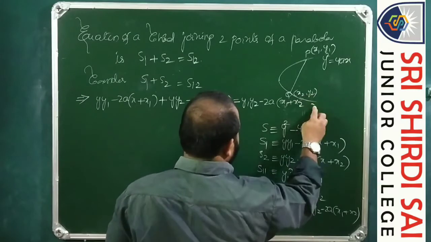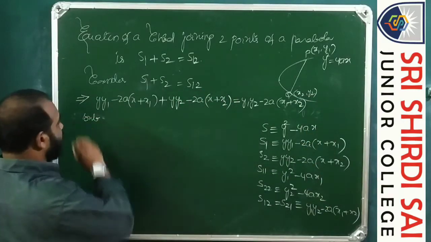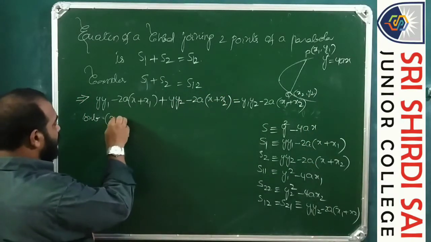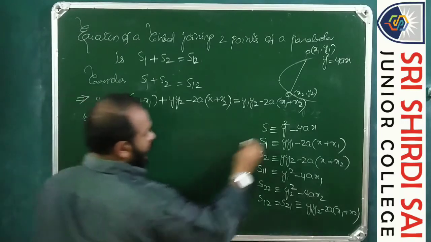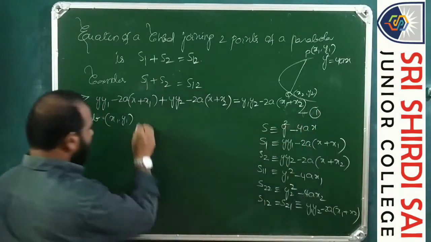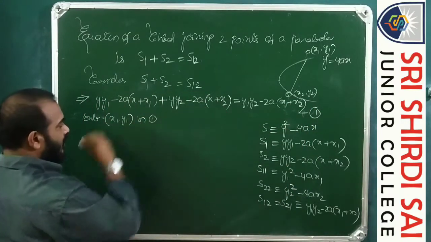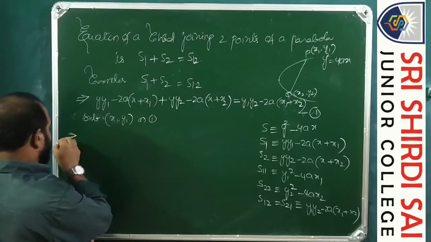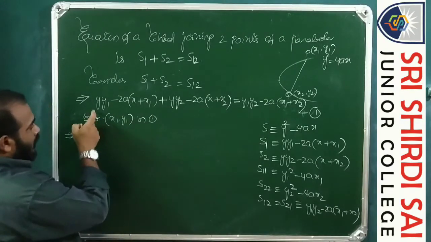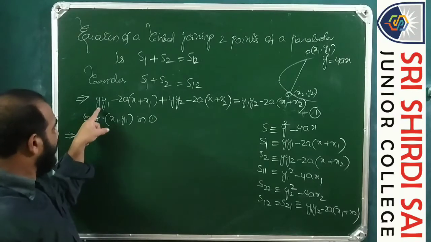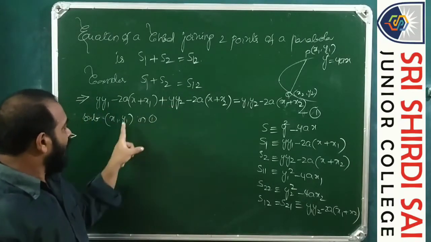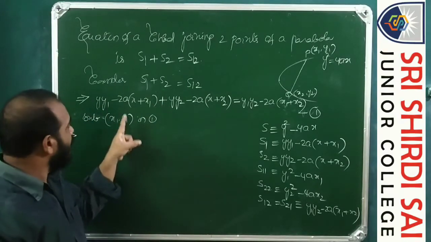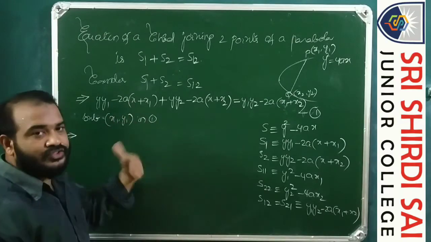Now let us substitute x1 y1 in this equation and see what will happen. How do we substitute? In the place of y, y1 is to be substituted, and in the place of x, x1 is to be substituted.